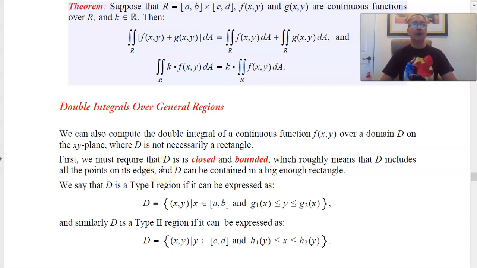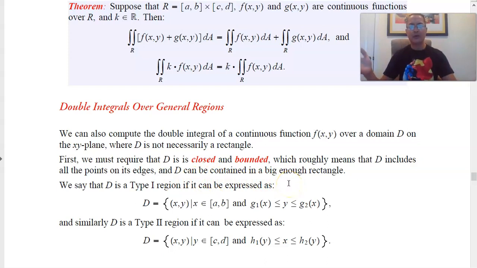We will require that our domain is closed and bounded. Basically that means that the domain includes all the points on its edges. There are no dotted lines, there are no holes. Every point on its edges is included in the domain. And we can trap D inside a big enough rectangle.